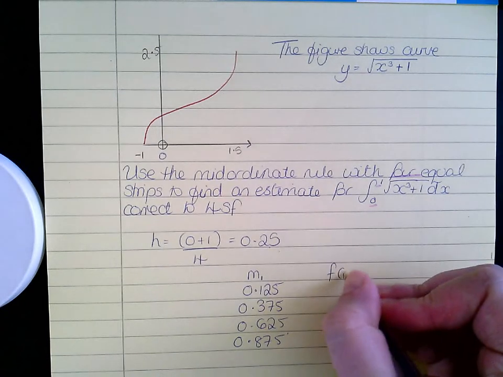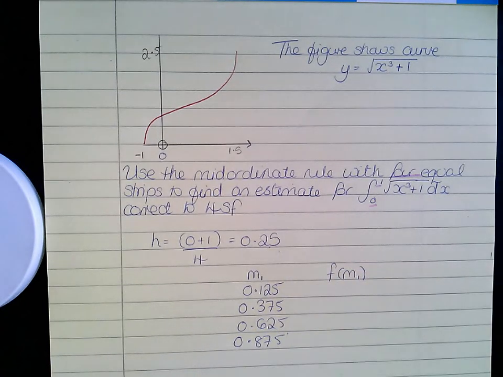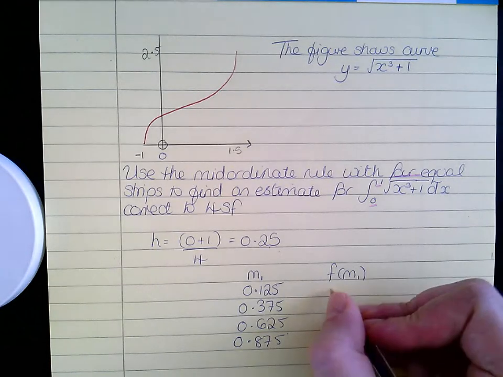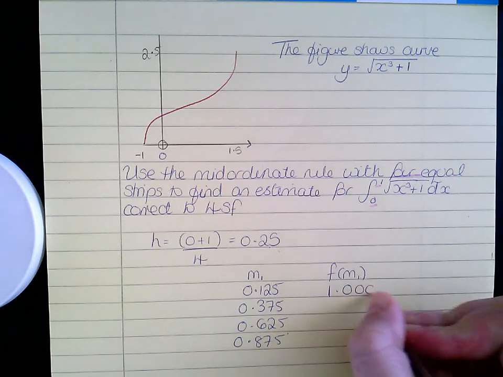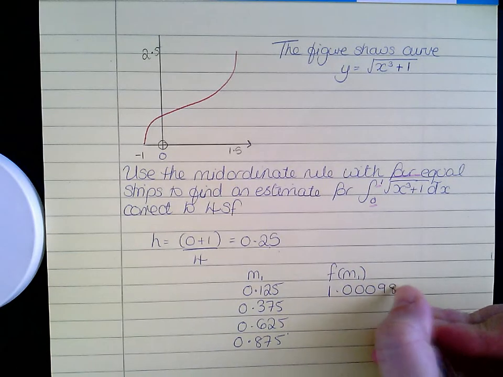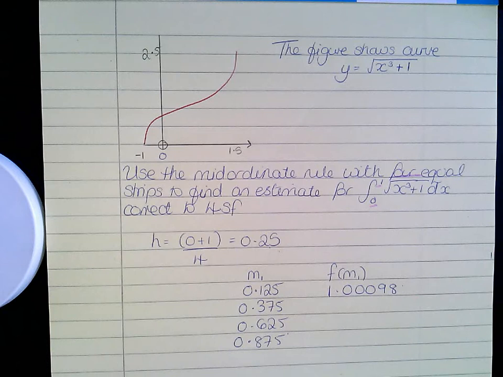I now find out the y-coordinate to go with each of them. So each of these will get typed into the lovely calculator, which I'm just doing off screen. And because the answer is to 4 significant figures, I'm just going to keep a couple of extra decimal points in here while I do it.